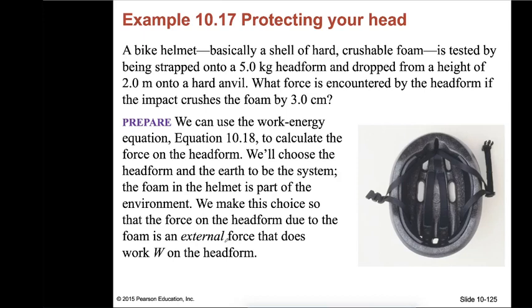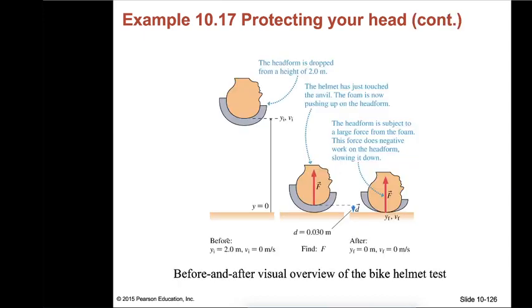What force is encountered by the head form if the impact crushes the foam by 3 centimeters? Okay, so when this test happens, it falls down from a distance, and after hitting the ground, the force from the foam is pushing up, and it's doing some work.